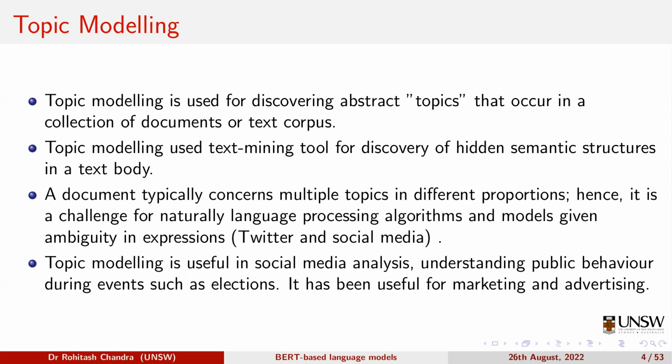A document contains multiple topics in different proportions, and a document can be a newspaper, a novel, or a textbook. There are challenges for natural language processing given the ambiguity of expressions. This becomes more and more complex when we look at documents that are more philosophical in nature or expressed as poems.